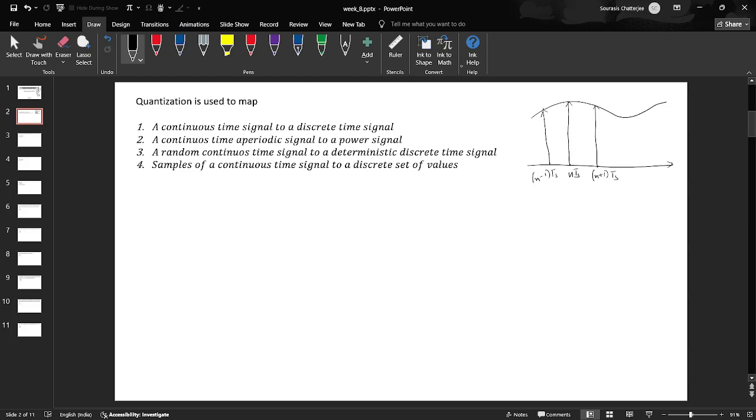So here we are getting m of (n minus 1)TS, here m of nTS, and here m of (n plus 1)TS. Remember, these are all just discrete values.